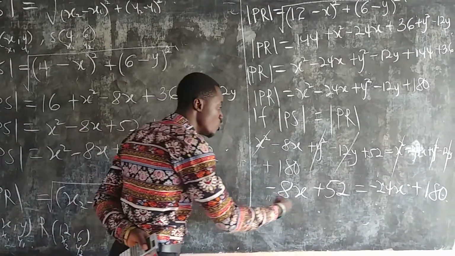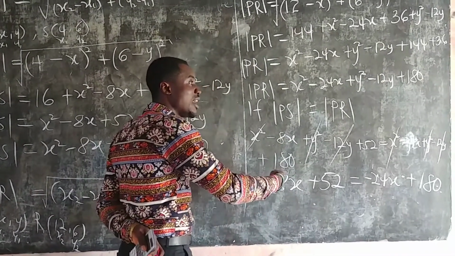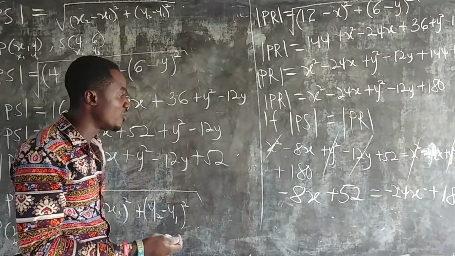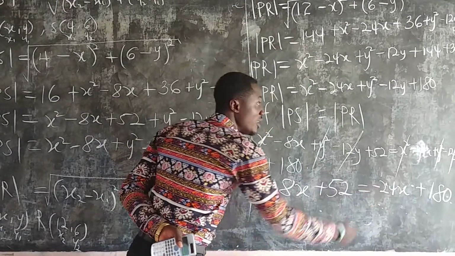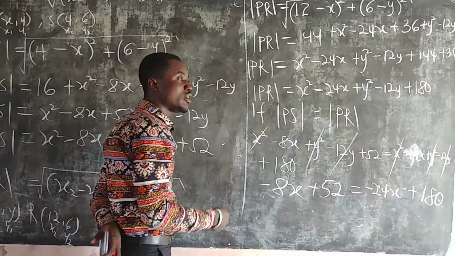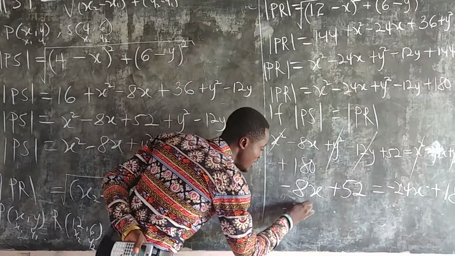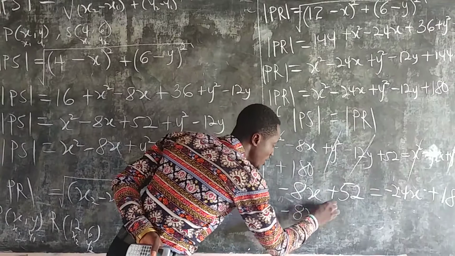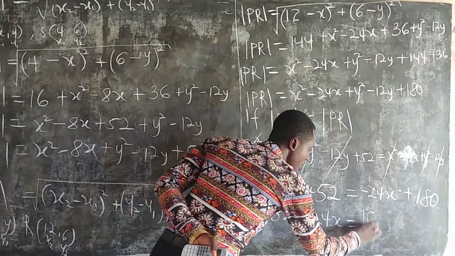And at this point, you group like terms. How do you group like terms? The terms that are common, you take them to the same side of the equal sign. So negative 8x here, we have another negative 24x here. Let's say that we are taking all the terms that contain x on the left hand side of the equation. So our negative 8x will maintain. Then the negative 24x will come in to become positive 24x. This will be equal to 180.